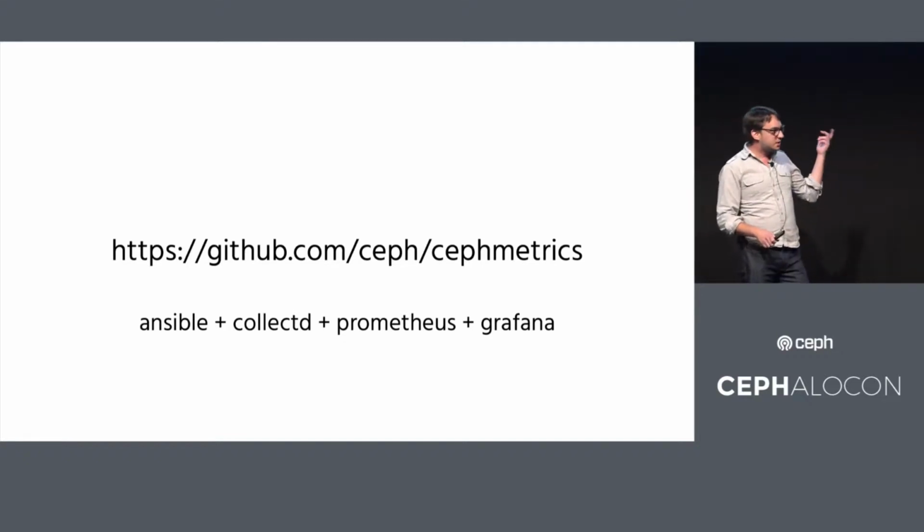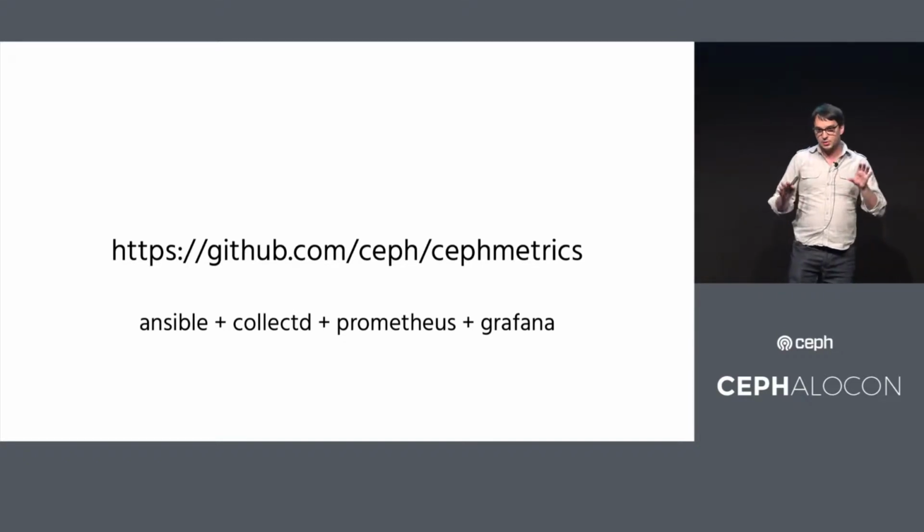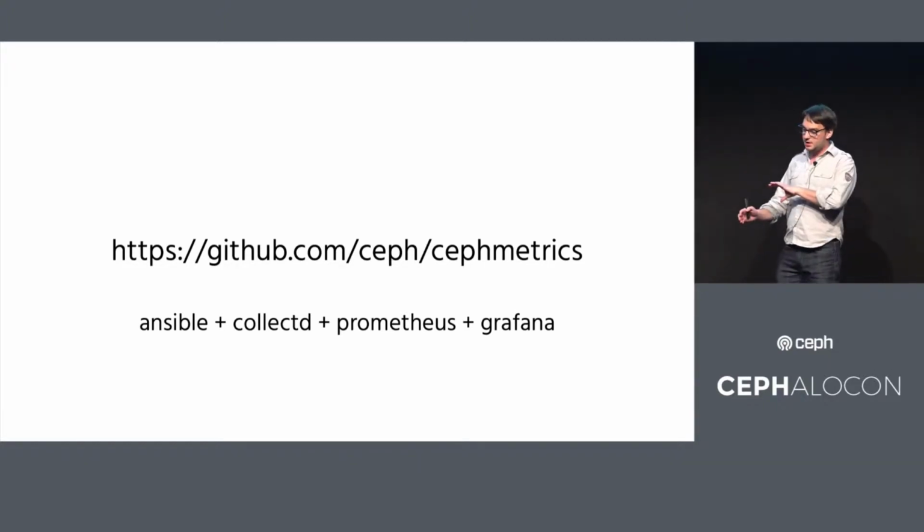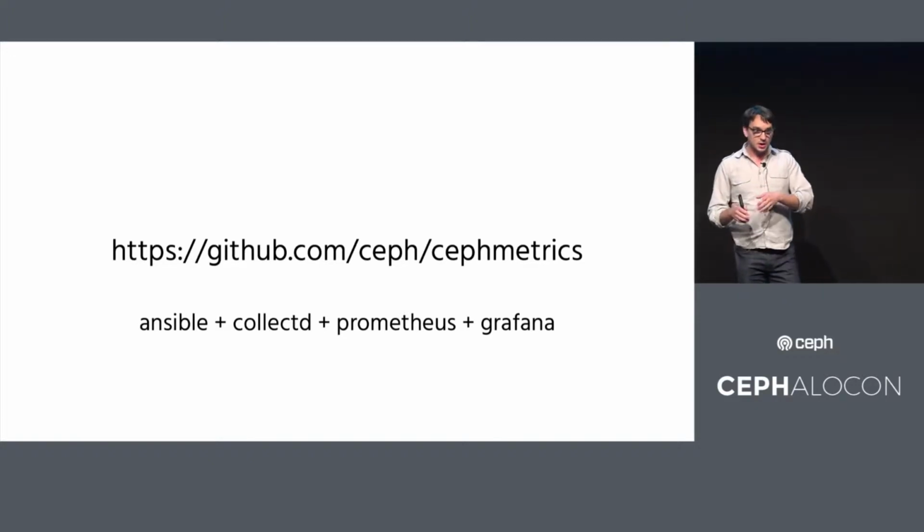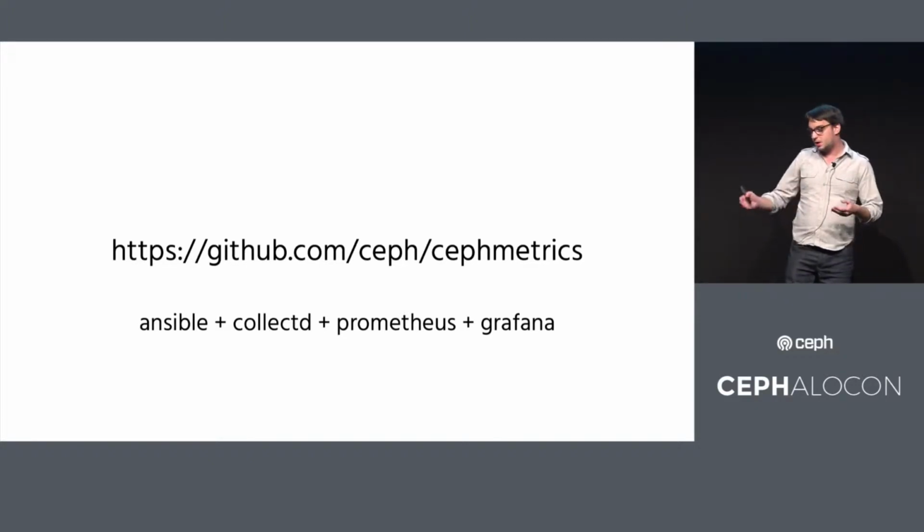There are built-in dashboards that give you a really good overview of your cluster, and they are really great. And of course, there are Ansible playbooks, so it can be a one-stop shop. You can go from scratch and deploy a whole stack if you need to.